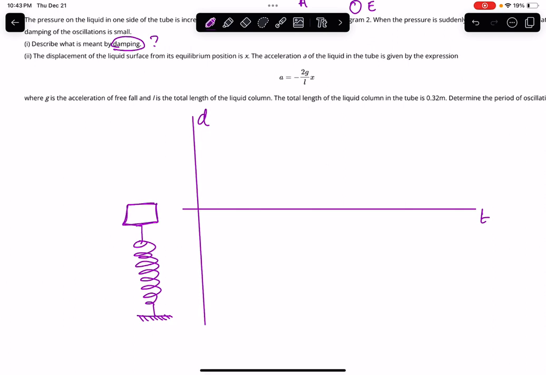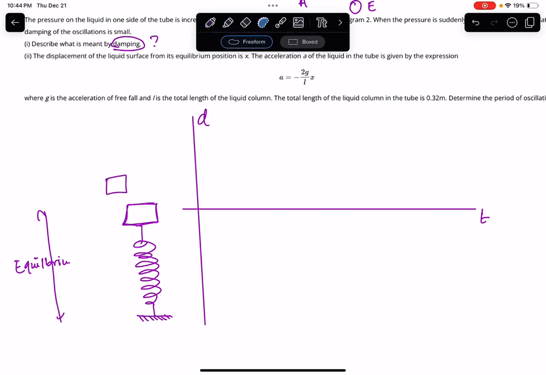So this is your equilibrium position for this mass spring system. Okay, so this is equilibrium. Now, as we can see over here, for this given mass spring system, it's going to oscillate up and down. So it's going to go up to its maximum displacement. So this is maximum displacement. Then it will go to its minimum displacement, and it will keep oscillating up and down like this, right?